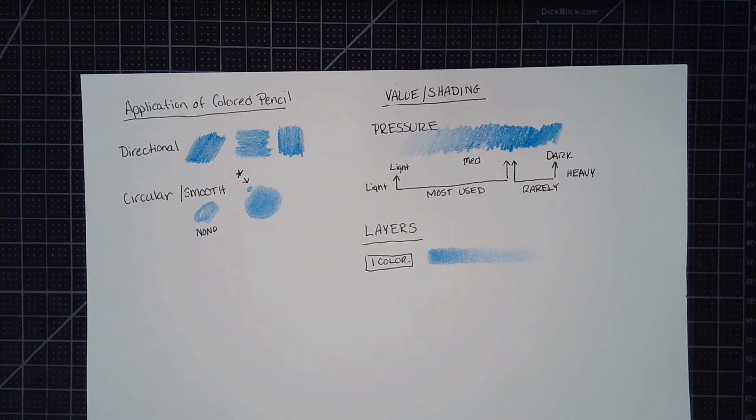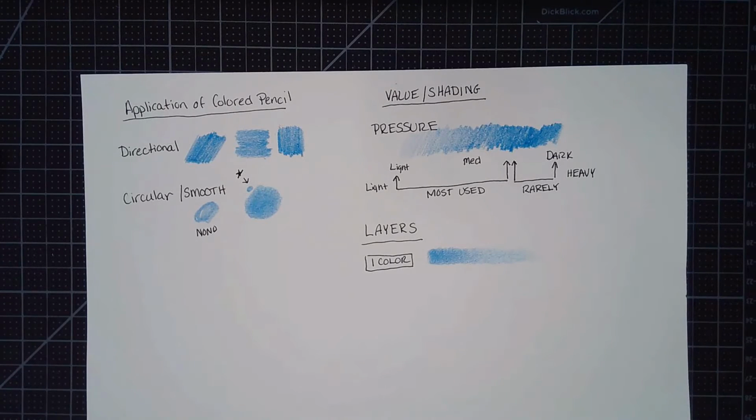So even though I didn't change my pressure and I just kept on adding another layer on top and another layer on top, any fibers I may have missed in the first pass, I'm now creating a lot more dust, and it's going to fall into any areas that didn't have colored pencil yet. And that is what causes the color to appear darker, because I'm filling in more of the white paper showing through my colored pencil with pigment.